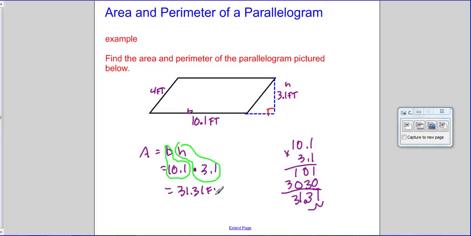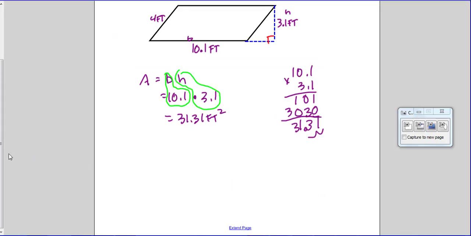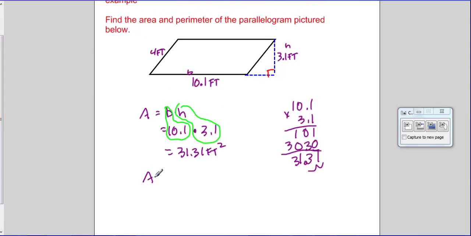So that's 31.31 square feet. And the perimeter of a parallelogram is 2B plus 2A. So there's my B, and my A here is 4 because this also has to be 4 feet here.